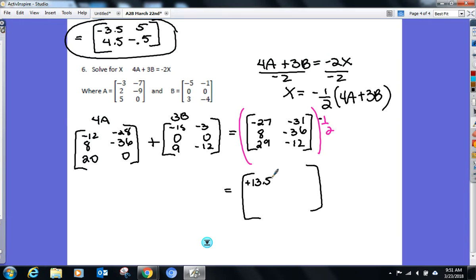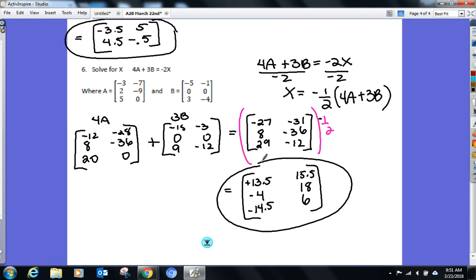Now it'll give me 15.5, negative 4, positive 18, negative 14.5, and then finally positive 6. So there's my final matrix that will solve that equation.